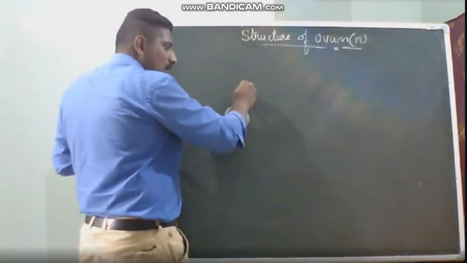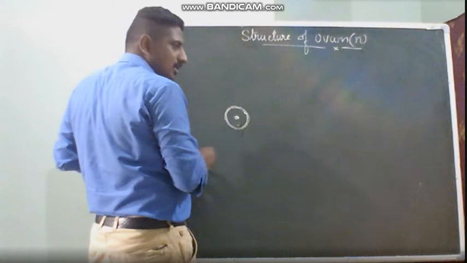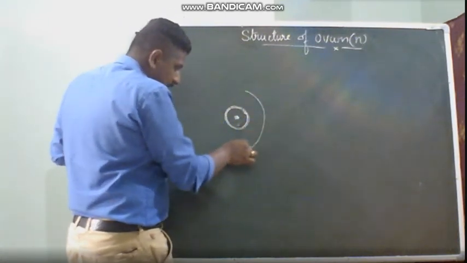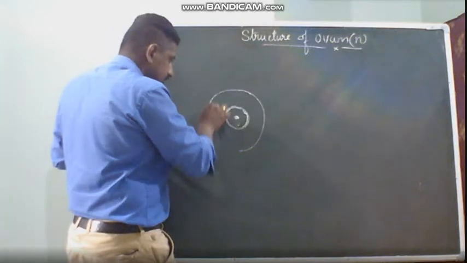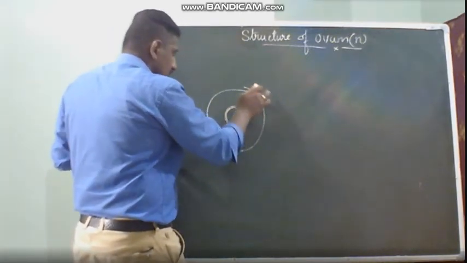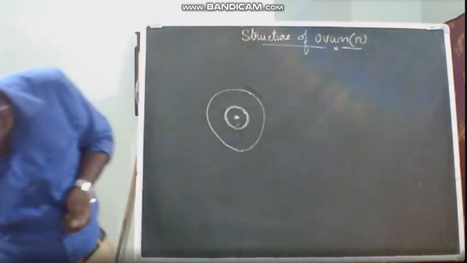Next, you have to draw one important egg membrane called the vitelline membrane. So, draw a line like this. It is also a double layer. Okay, I'll use some other color for it.